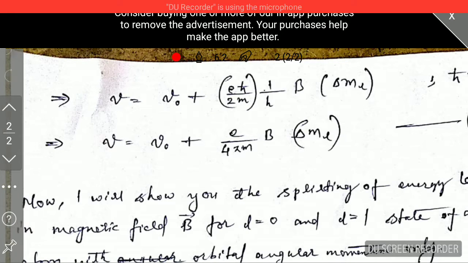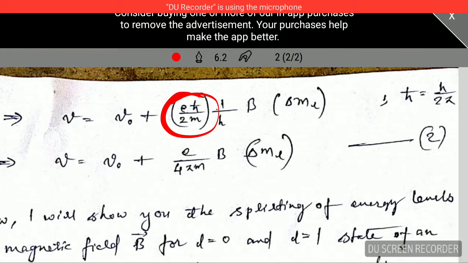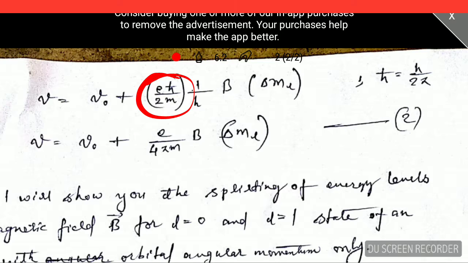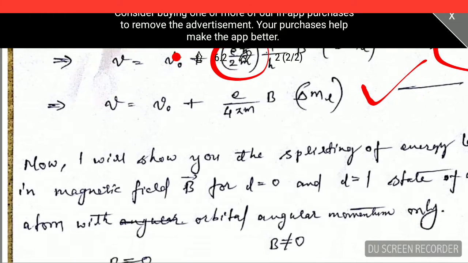You can see that I have substituted the value. At this point I can also substitute the value of h bar, that is h upon 2 pi, and I can further solve that, and that will give me this final equation.